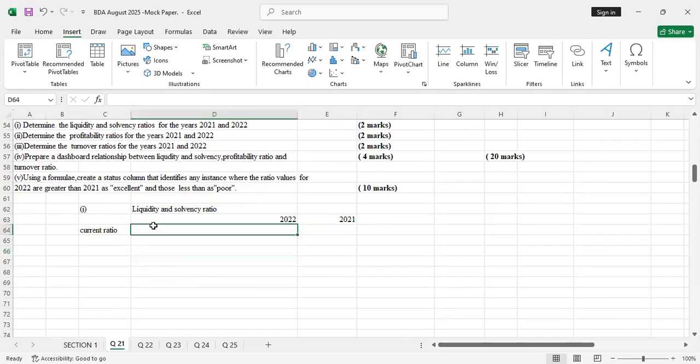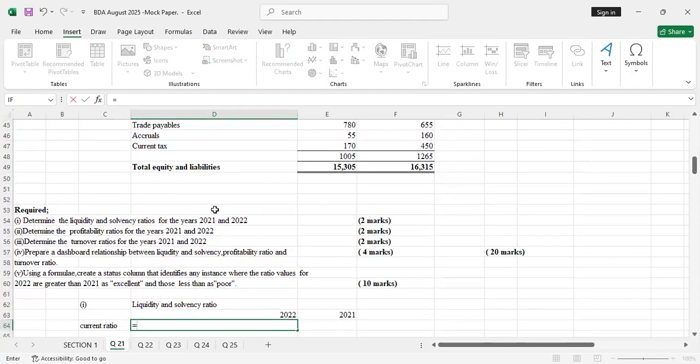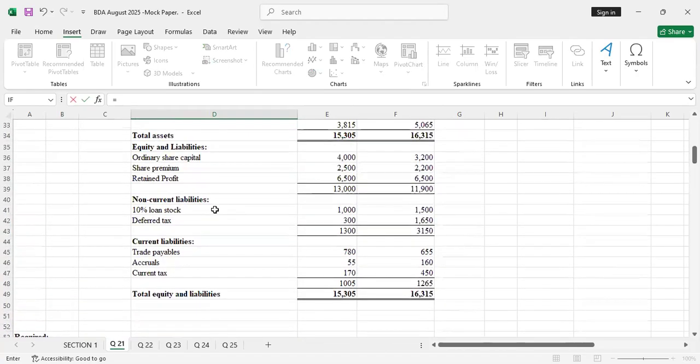Then notice the formula for the current ratio. The formula for the current ratio is the current assets divided by current liabilities, as the name suggests, current. So straight away for 2022, we'll look at the current assets. Current assets and current liabilities are found on the statement of financial position.